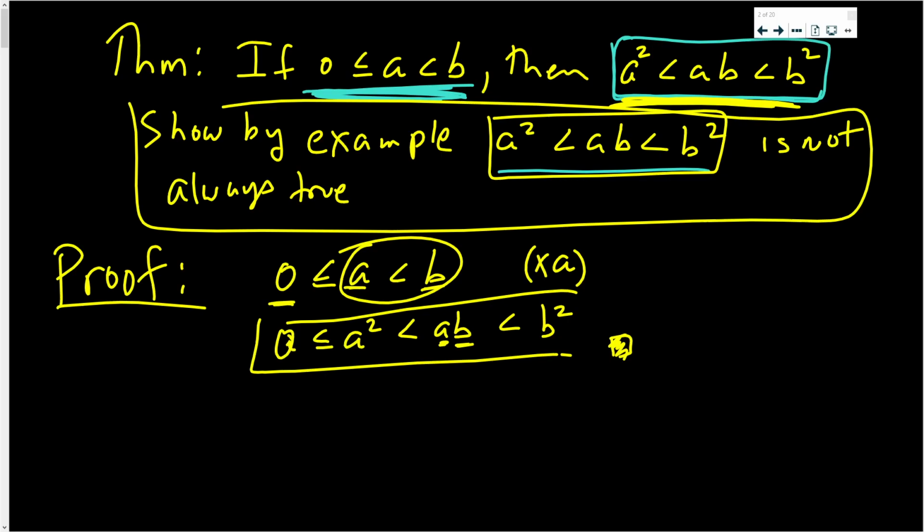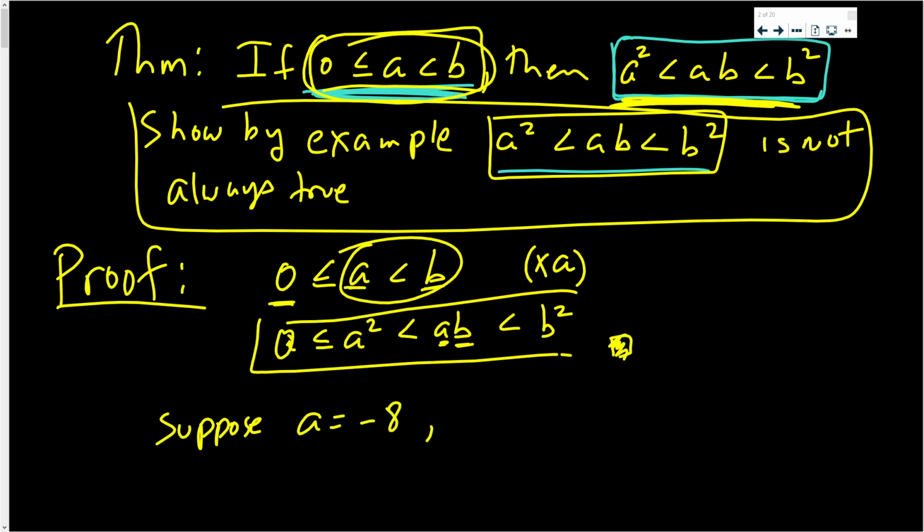So, it's reasonable to assume that at least A or B is negative, because then it would contradict this part. So suppose A is negative 8, and in absolute value, B is smaller.